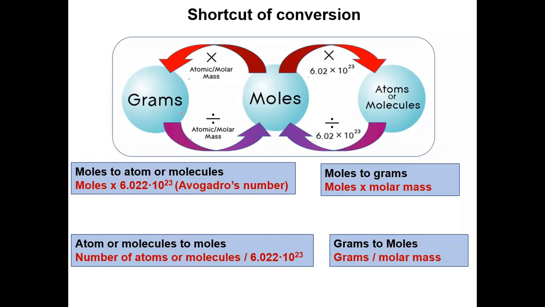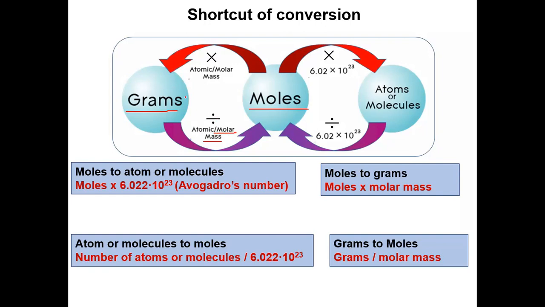Again, this is about the relationship between mass, moles, and Avogadro's number. If you want to go from grams to moles, you need to divide the amount of substance, given in grams, by the molar mass. Sometimes it's called atomic mass, but it's also called molar mass.